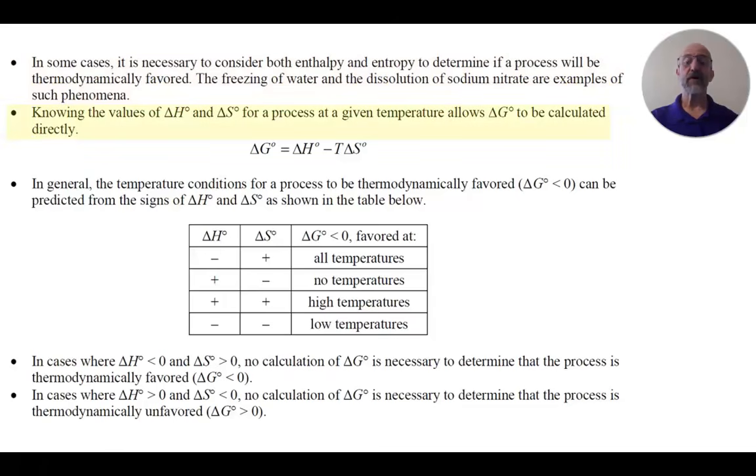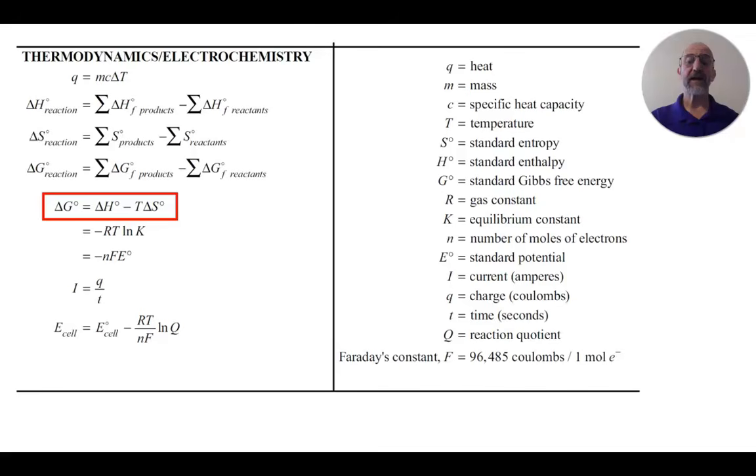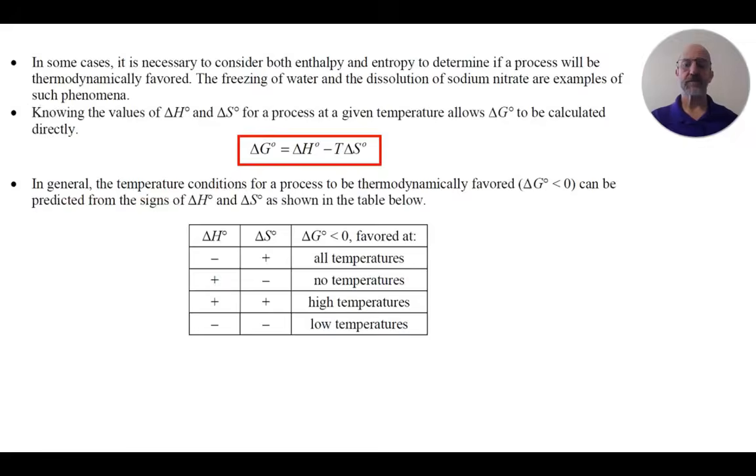Knowing the values of delta H and delta S for a process at a given temperature allows the value of delta G to be calculated directly, and that would be the equation that looks like this. Delta G equals delta H minus the temperature T times delta S. And you can also find that equation on the AP Chemistry Equations and Constant sheet.